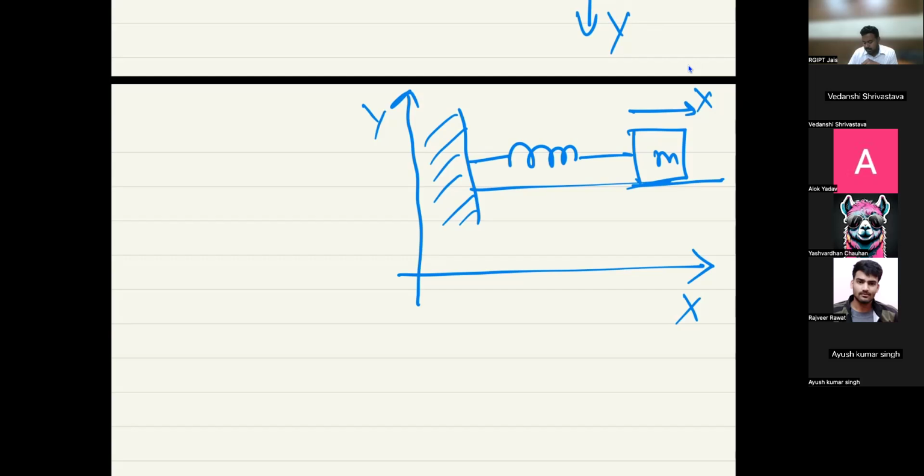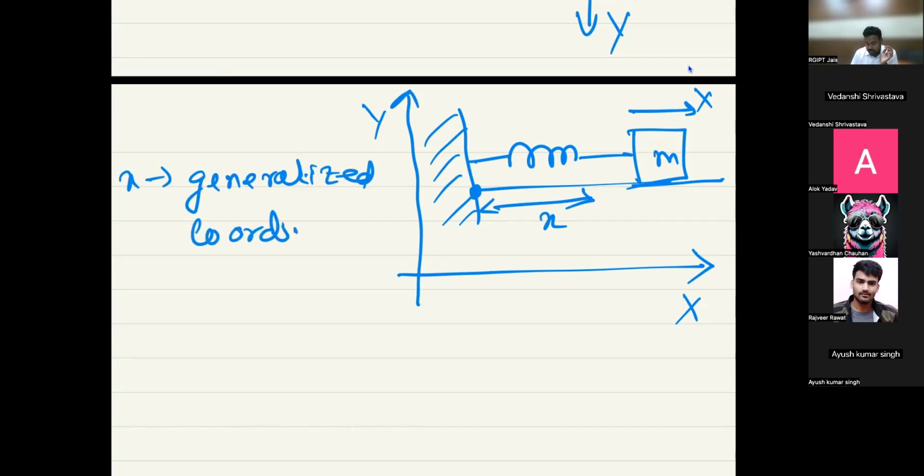But here we really don't need the y coordinate. We only need to know the distance of this mass m from the rigid support. That is the only coordinate variable you need here. So x is the distance, and here x is the generalized coordinate.